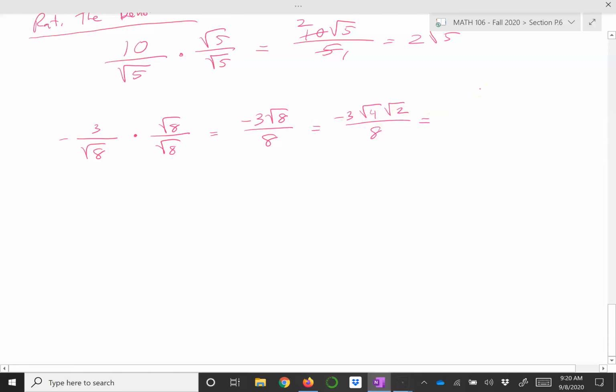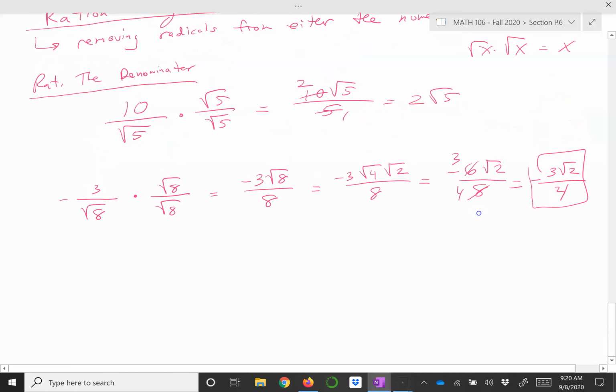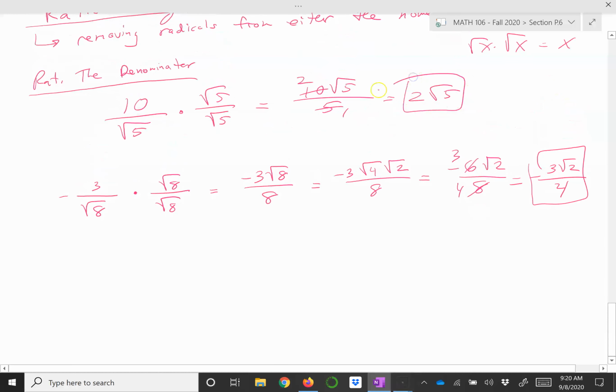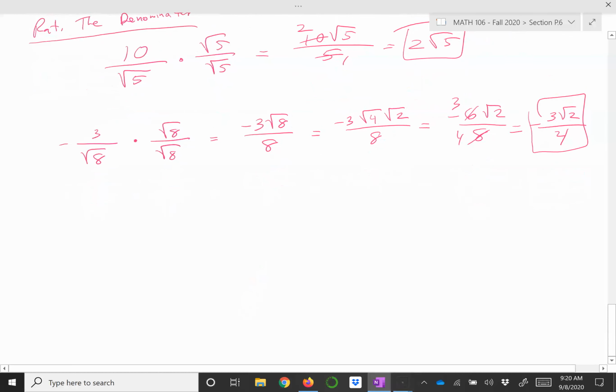So now I have negative 3 times the square root of 4, which is just 2. So that's a negative 6 square root of 2 over 8. And then I simplify that. So I can divide 6 and 8 by 2 and be left with 3 and a 4. So now my final answer is negative 3 square root of 2 over 4. So there's an example where the fraction remained, and that's absolutely fine. Okay.